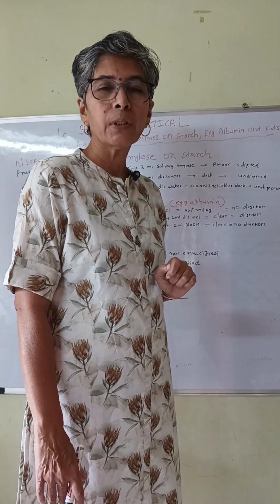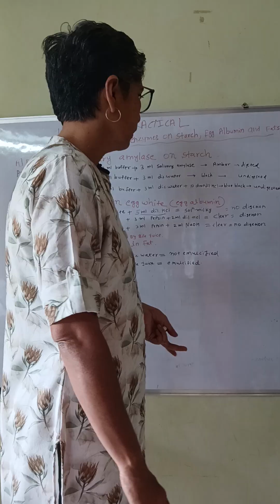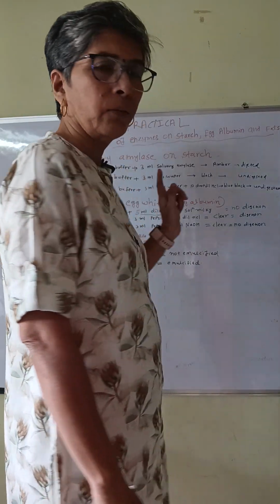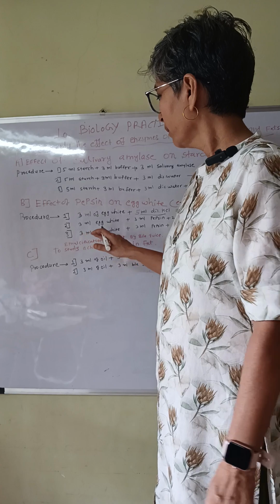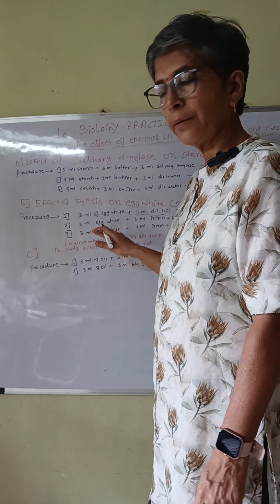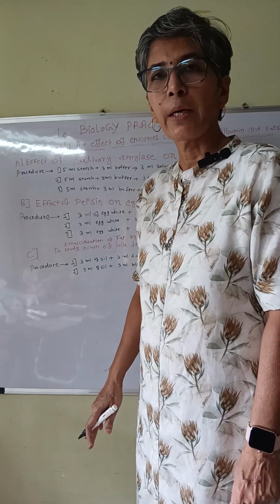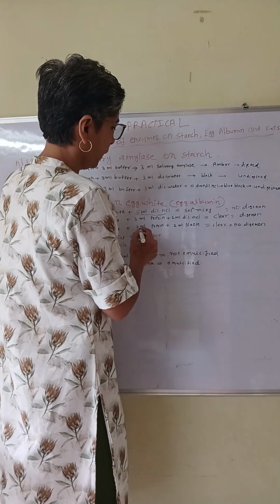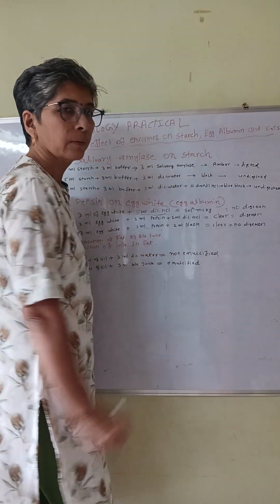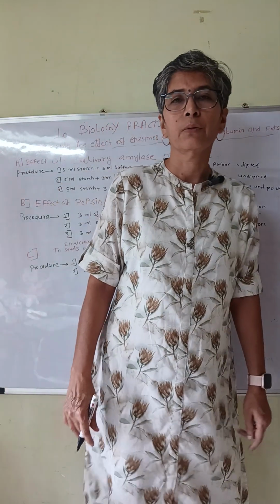This preparation is for test tube number 2. And for test tube number 3, we already added 3 ml of egg white, and then add 3 ml of pepsin and 2 ml of NaOH.